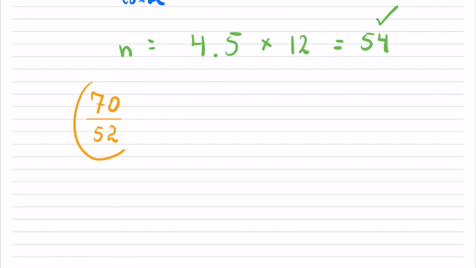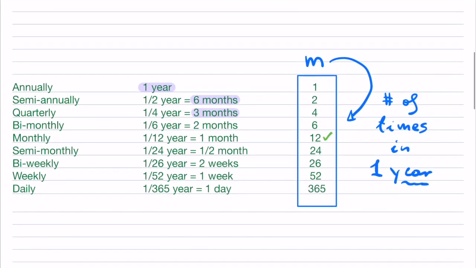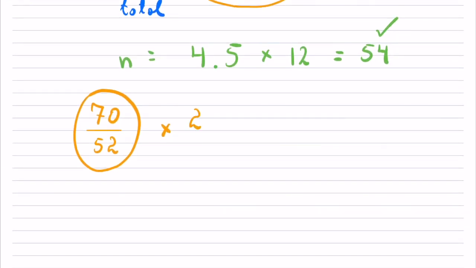So this gives me the number of years, which is just a little bit over a year. And then all I would do is multiply by m, and because in this situation it is semi-annually, which is 2 times per year, I would just multiply this by 2.